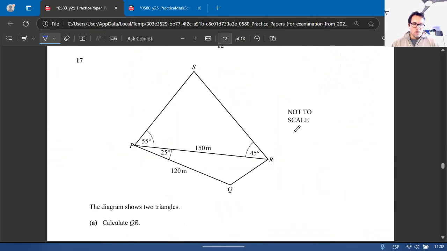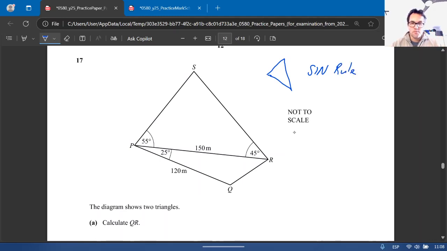Question 17. Triangles. Trigonometry. If it's a right angle triangle, you use Pythagoras or SOH CAH TOA. But these are not, so you see them, it's calculations. You're either going to use the sine rule, and to know when to use the sine rule is very easy.